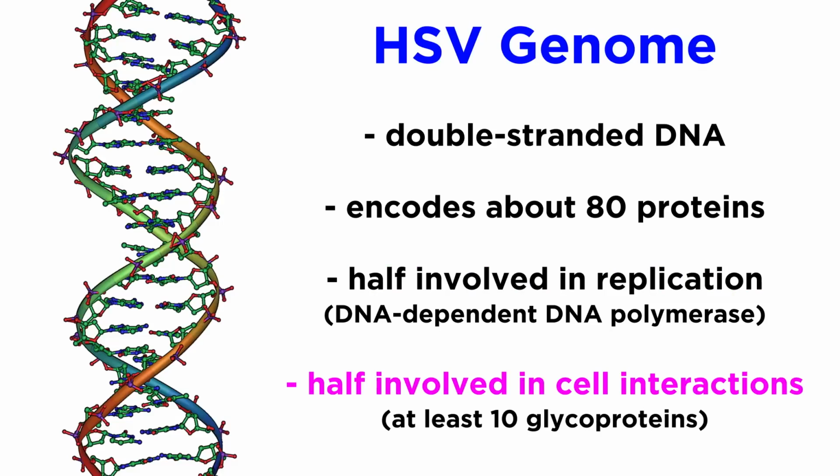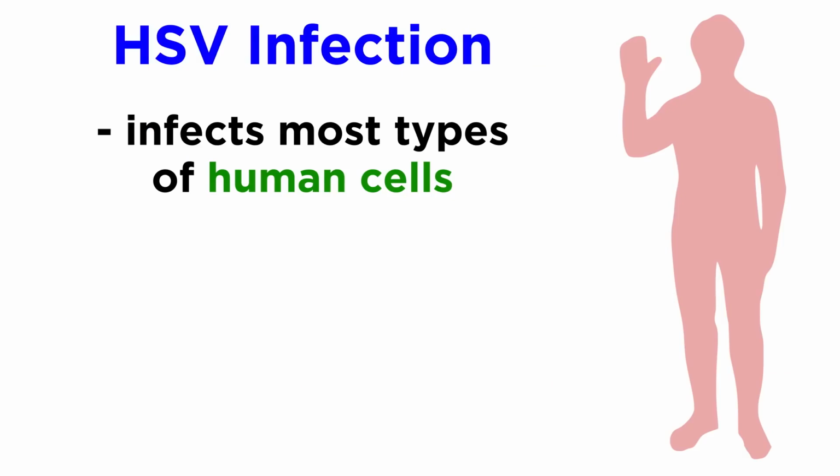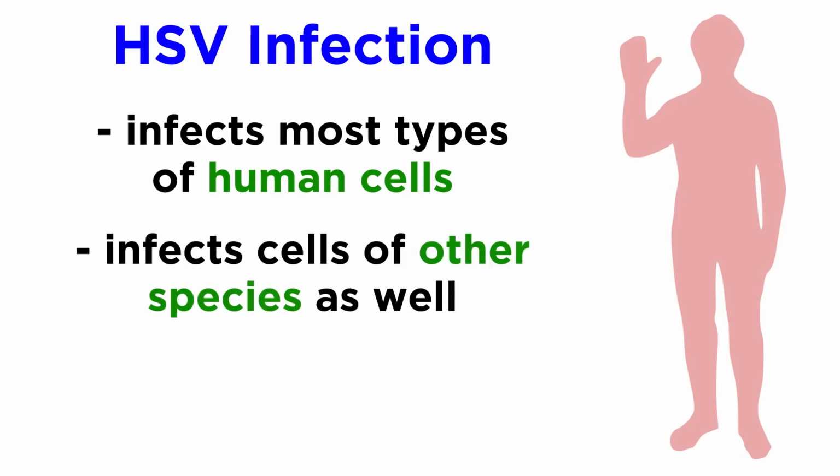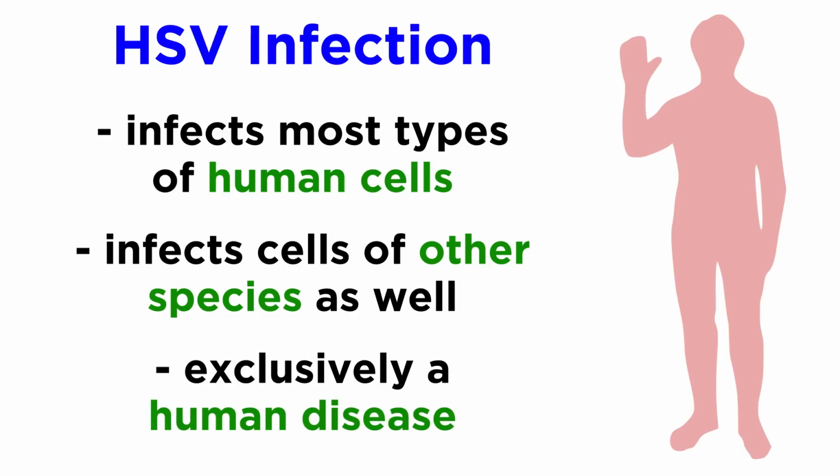The other half control how the virus interacts with the host cells and the host's immune response, so at least 10 glycoproteins that serve as viral attachment proteins. Unfortunately for us, HSV can infect most types of human cells, and even cells of other species. However, we should note that although HSV can infect other animal cells, HSV infection is exclusively a human disease.